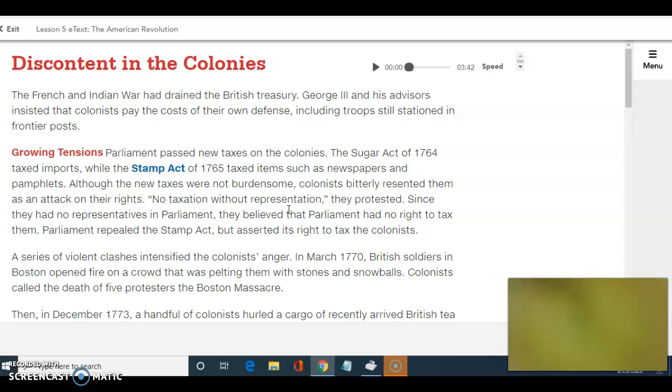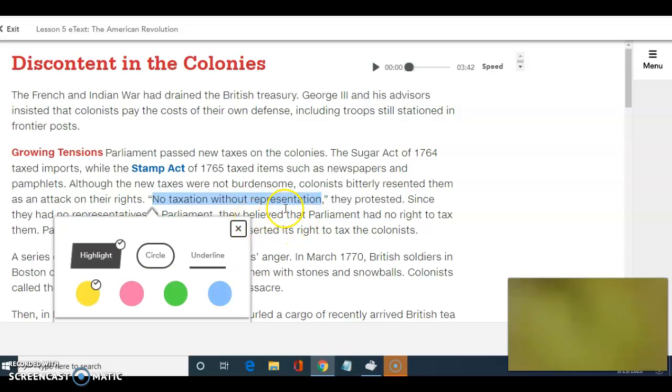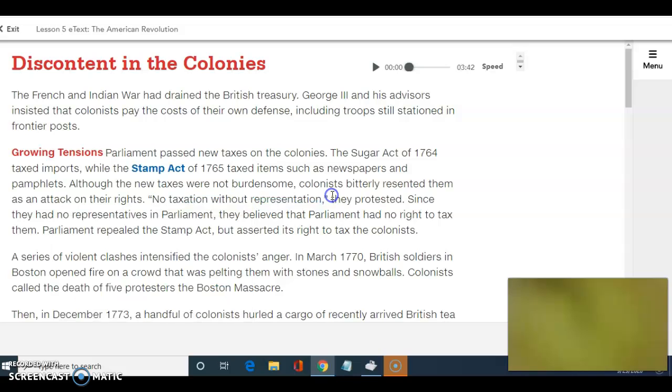The colonists now were furious because they were not represented in Parliament, and they said taxation without representation is tyranny, so they dissented. No taxation without representation was a theme of the colonists. Since they had no representatives in Parliament, they believed Parliament had no right to tax them. And you start having a series of violent acts.